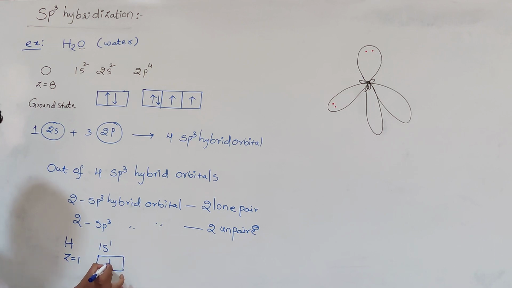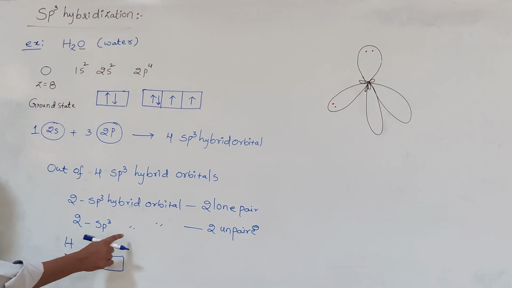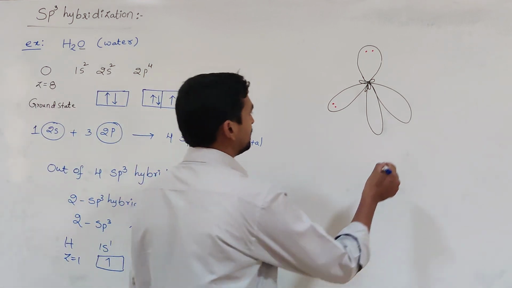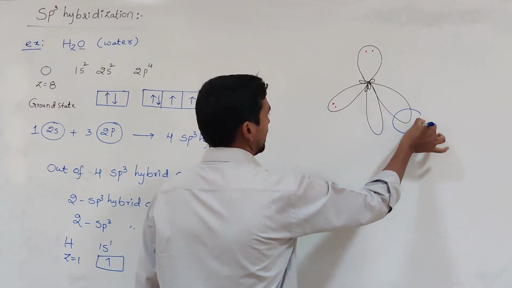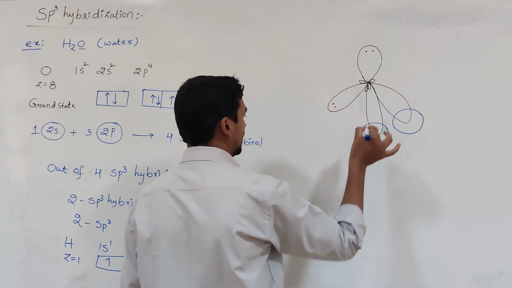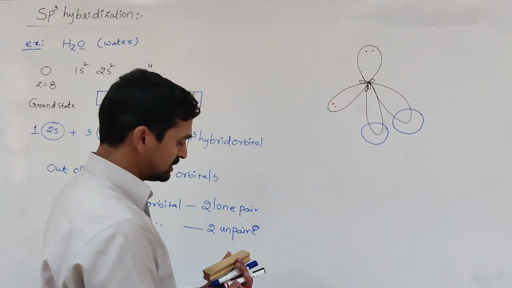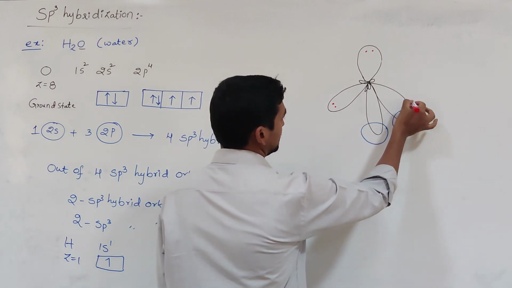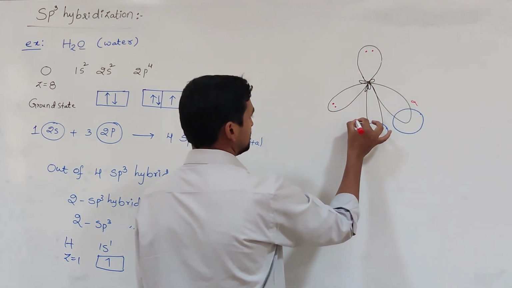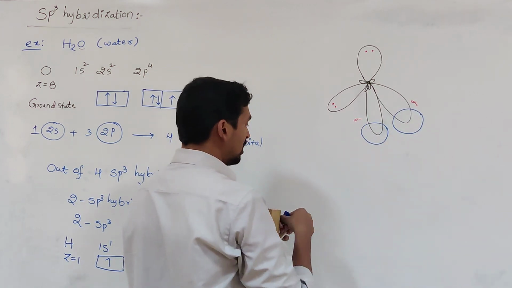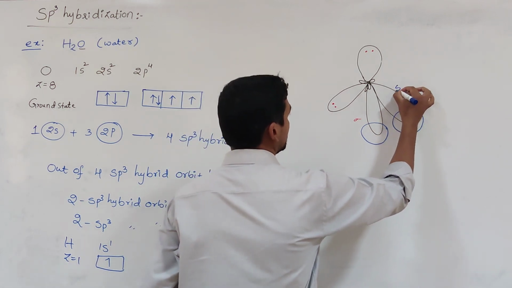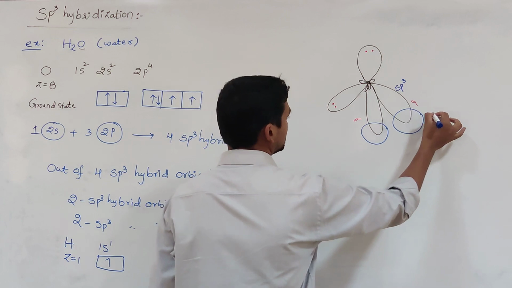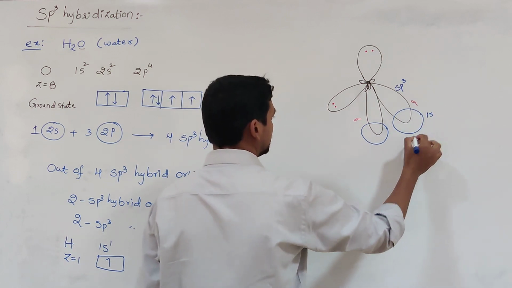Each sp3 hybrid orbital containing an unpaired electron overlaps with a 1s orbital of a hydrogen atom to form sigma bonds. Here the sigma bond results from overlapping of the sp3 hybrid orbital of oxygen and the 1s orbital of hydrogen atom.